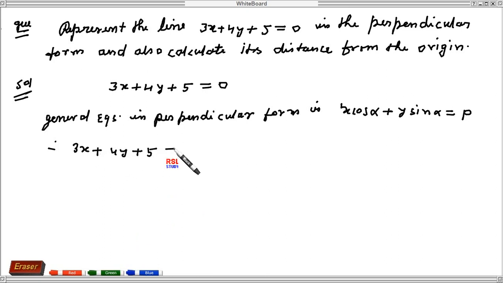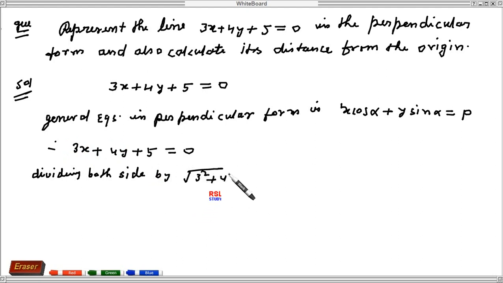Rewriting the given equation again and dividing by the square root of 3 square plus 4 square, this will be 5 in the whole expression, or in the complete equation.